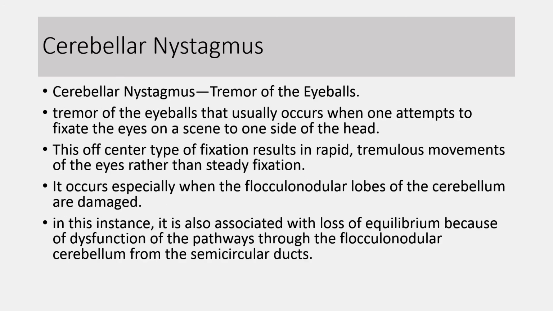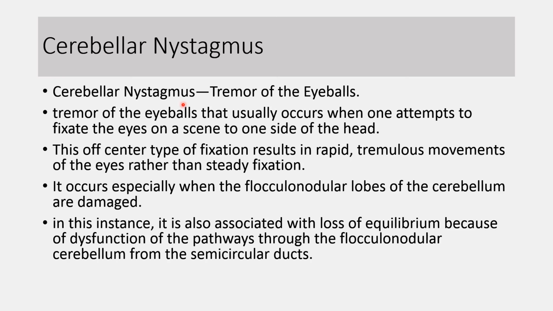Function of the vestibulocerebellum is regulation of the muscle tone, posture and equilibrium, and the vestibulocerebellum is also helpful for the fixation of the eyeball during the vision by the vestibulo-ocular reflex. So whenever the cerebellum is damaged, it produces cerebellar nystagmus. Cerebellar nystagmus is the tremor of the eyeballs.